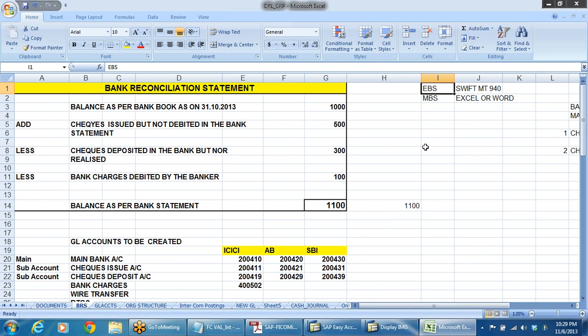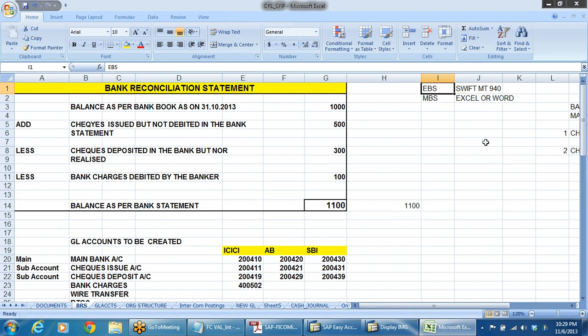But anyway, in case of manual bank statement, the banker will send you a document with your debits and credits, the total transactions, in maybe an Excel sheet or a Word document.